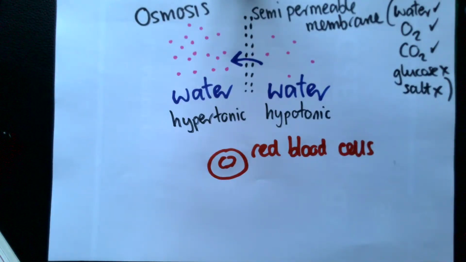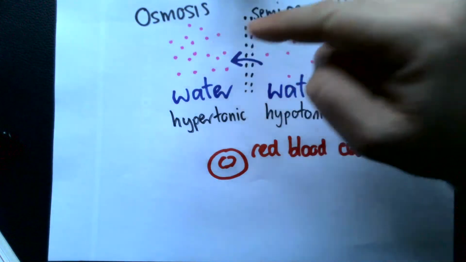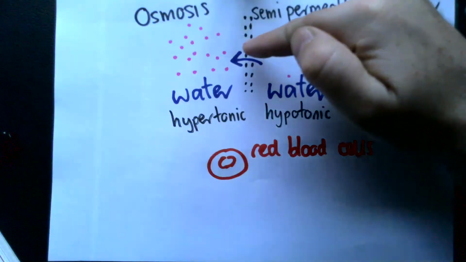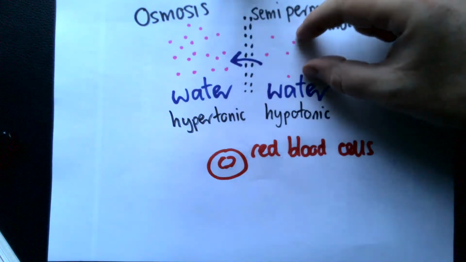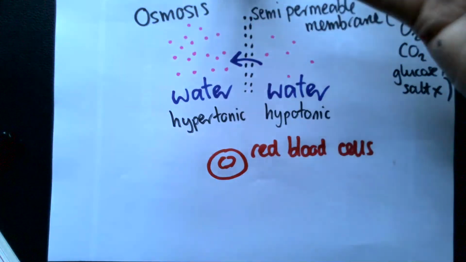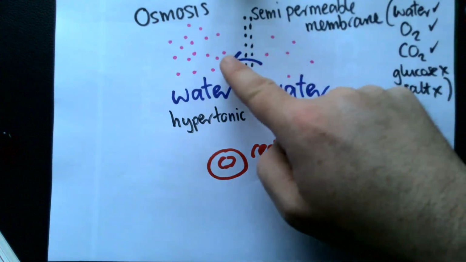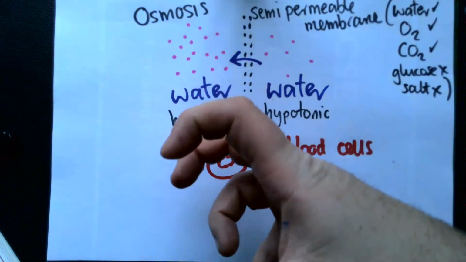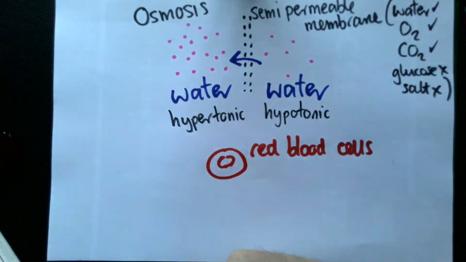So this could be our red blood cell, and this could be our blood, in which case water will leave our red blood cells to enter the blood because there's less dissolved things in our cells than there is in our blood. We get lots of sugar and salt in our blood. So what happens is water will leave this cell to go to this one, and that means that red blood cell will shrivel up and not do its job properly. It won't be able to hold oxygen. It will shrivel up and die.